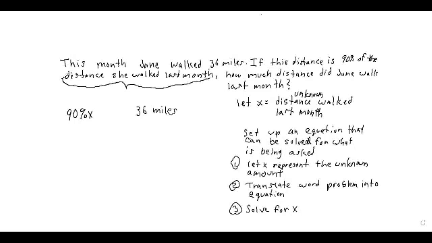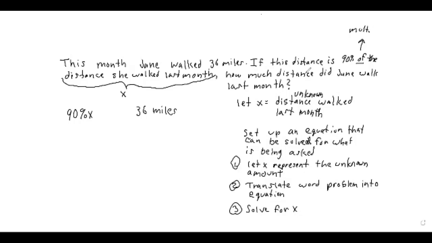So let's just set up what we've done so far. We're going to let the distance she walked last month be x, right? And here it says 90% of, right? So 90% of is typically translated into math as multiplication.